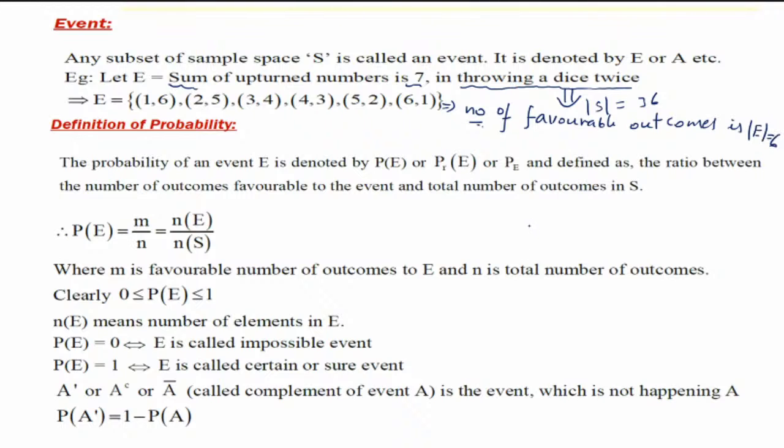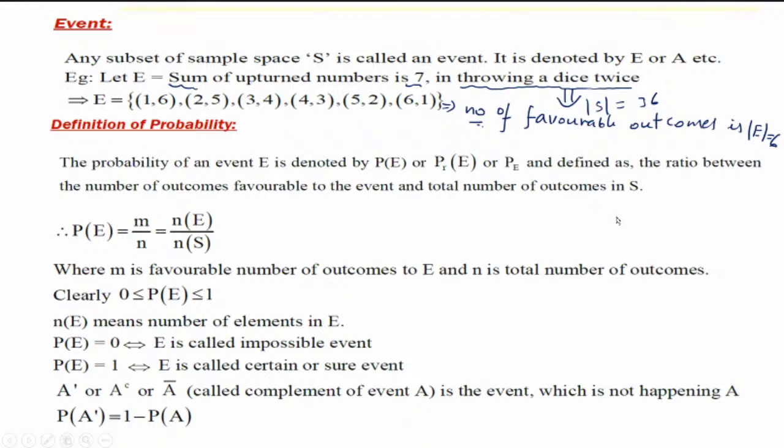Now, the definition of probability. The probability of an event E is denoted by P of E. Some people write P suffix E. Any one notation can be used. It is defined as the ratio between the number of outcomes favorable to the event and the total number of outcomes.